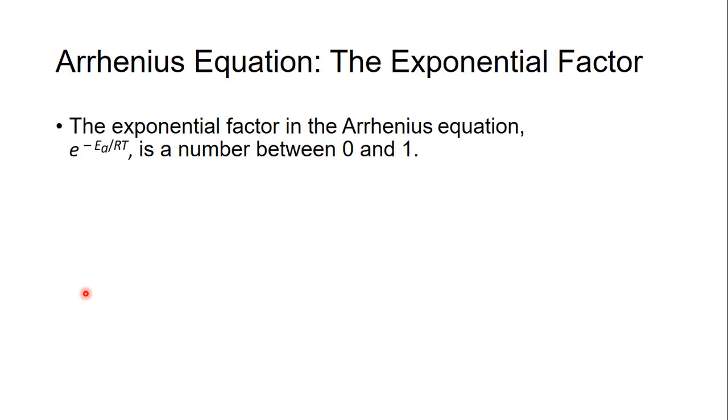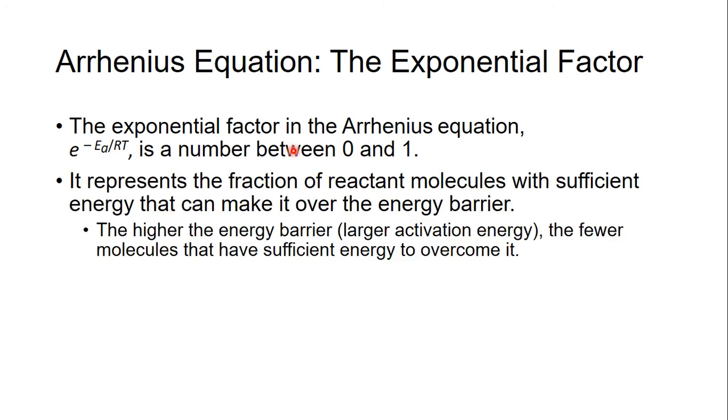And if we look at the Arrhenius equation, our exponent, e raised to the power of negative activation energy divided by RT, has to be between 0 and 1. And that's because this is our frequency factor. This is telling us from 0% to 100% how many molecules will make it over that energy barrier. So if activation energy is 0, then e raised to the power of 0 is 1. So 100% of our molecules will go towards the reaction.